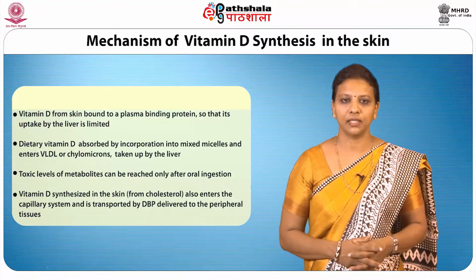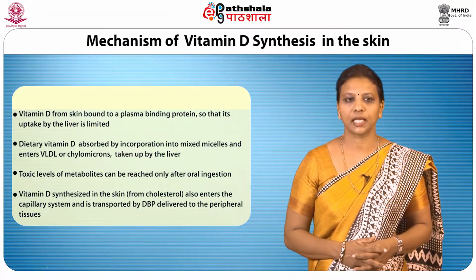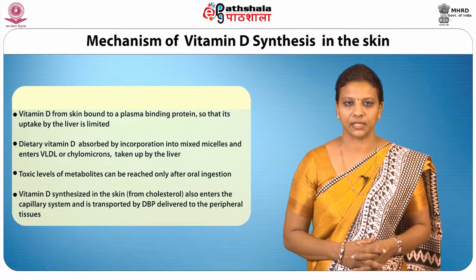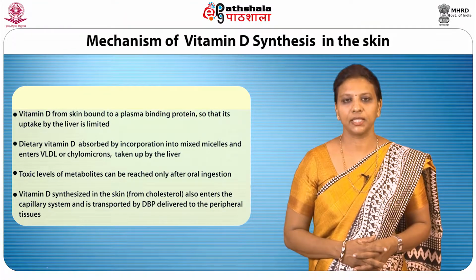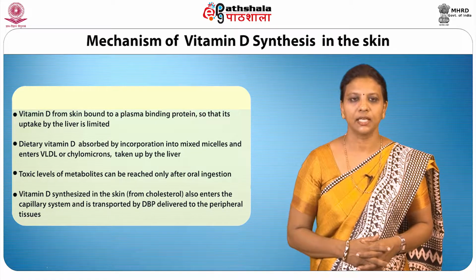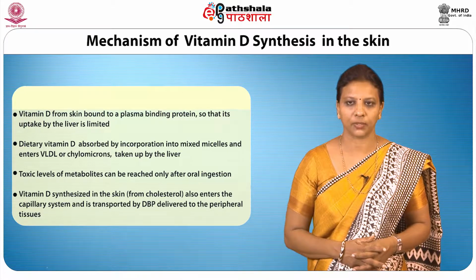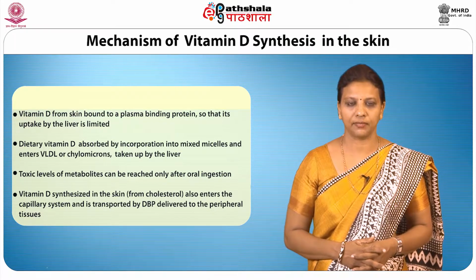Vitamin D from the skin is bound to a plasma binding protein so that its uptake by the liver is limited. Dietary vitamin D is absorbed by incorporation into mixed micelles and enters very low density lipoproteins or chylomicrons which are taken up by the liver.